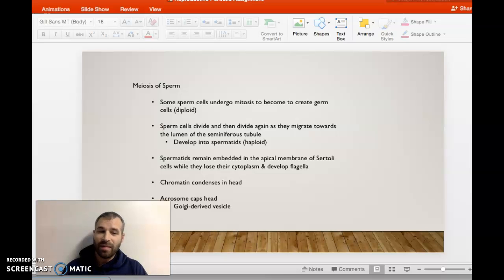Also during this time, the spermatids will condense their chromatin within the head of the cell, and they will develop an acrosome, which is a modified version of a Golgi apparatus. And this modified Golgi apparatus houses important enzymes, which will be important in the fertilization process as it makes its way into the female body and to the oocyte.